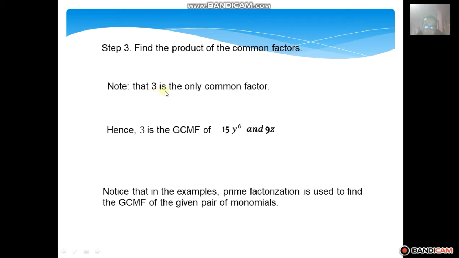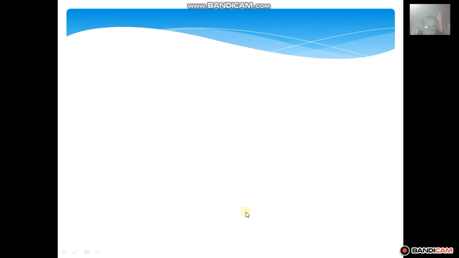Note that 3 is the only common factor. Hence 3 is the GCF of the terms 15y raised to 6 and 9z. Notice that in the examples, prime factorization is used to find the GCF of the given pair of monomials.